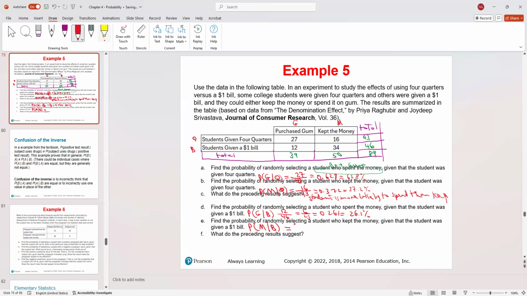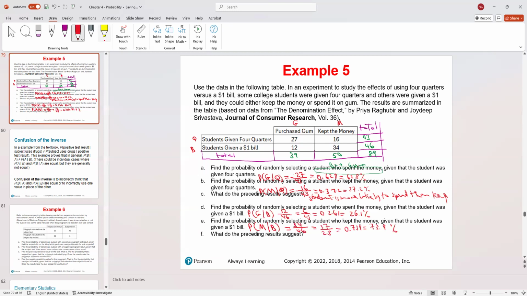Yes, that's 34 over the total for the one given, given that is 46. Again, here you can simplify if you want to leave it in fraction or convert it to decimal, 0.739 or 73.9%.